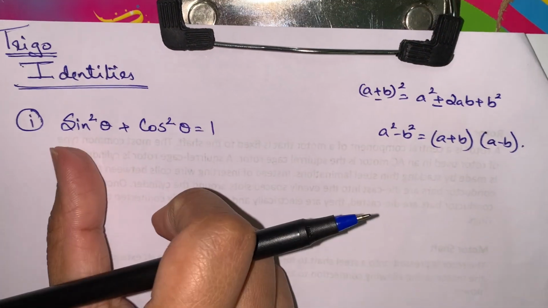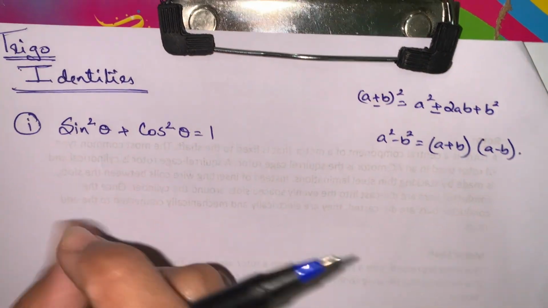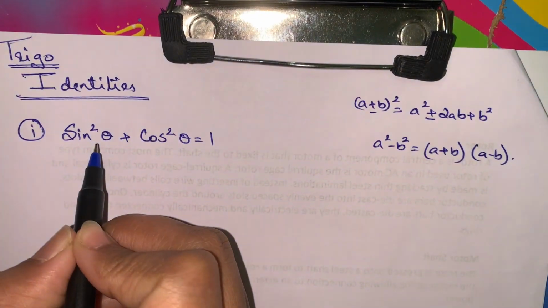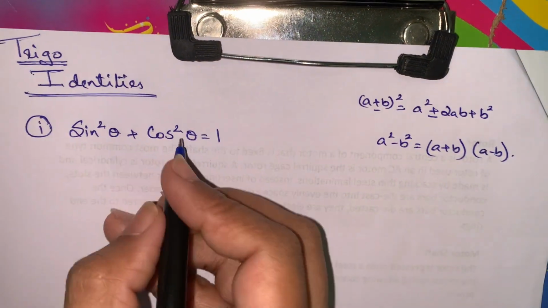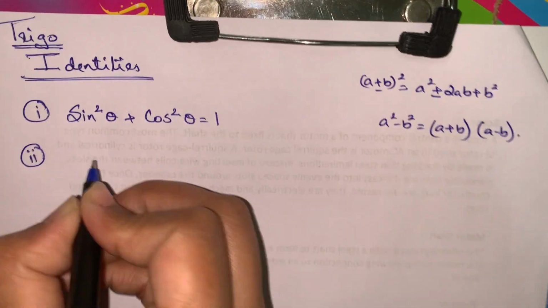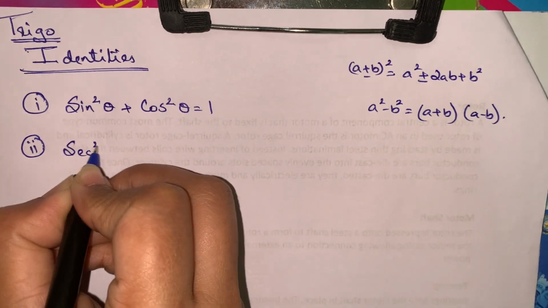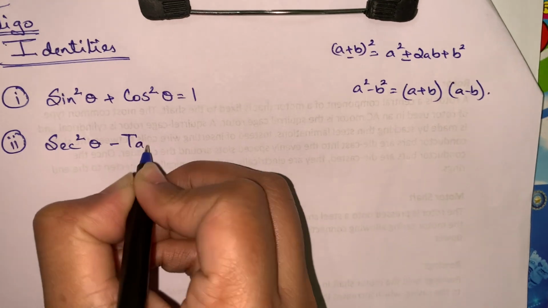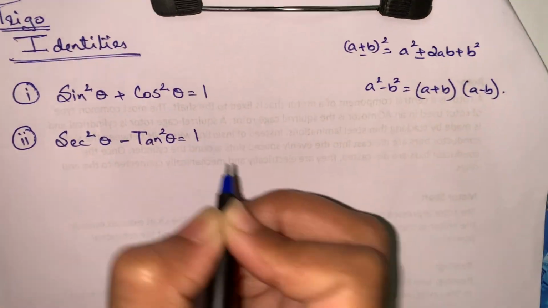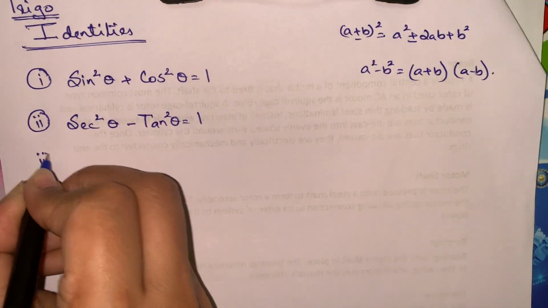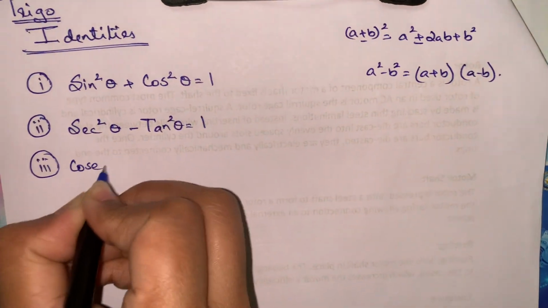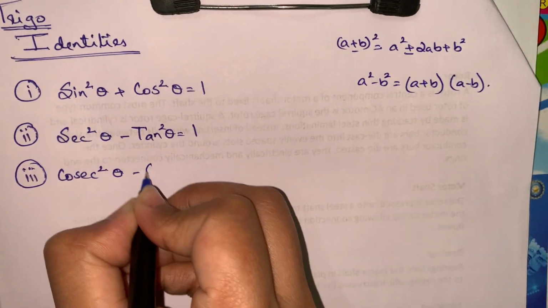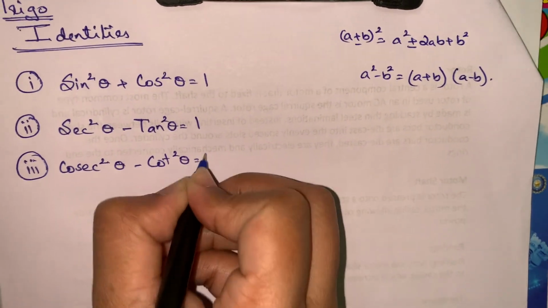Now here, bring your attention: the square is given to the sine, not to the angle. This is the first identity. The second identity is secant square theta minus tan square theta is equal to 1. The third identity is cosecant square theta minus cot square theta is equal to 1.